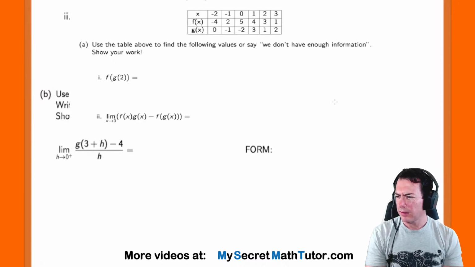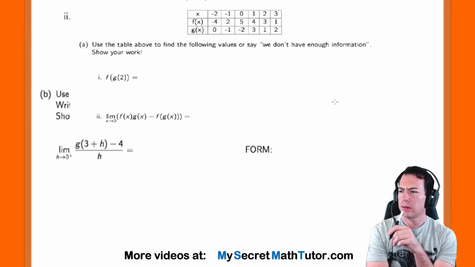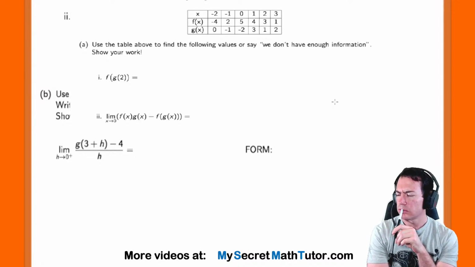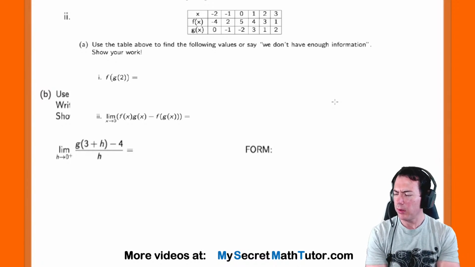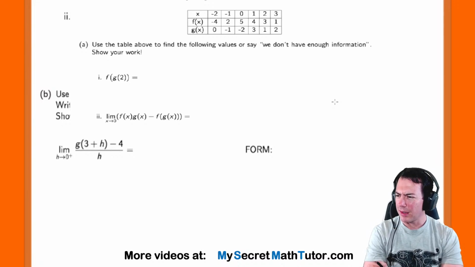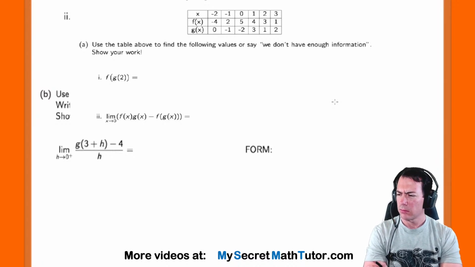And I guess it's trying to, well, let's see, we don't have a derivative. And we can't, well, let's see, can we plug in 0 directly? We'd get a 0 on the bottom, so I guess that doesn't necessarily help. What's this problem really getting at? Use the table above to find the limit. First, write the form of the limit. Okay, so first we have to write the form of this limit.